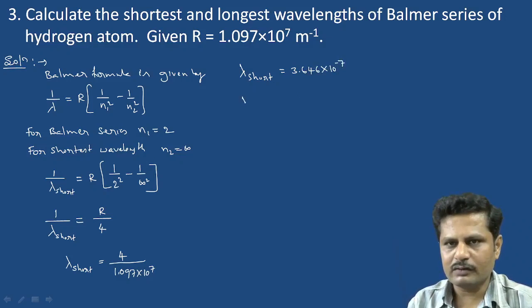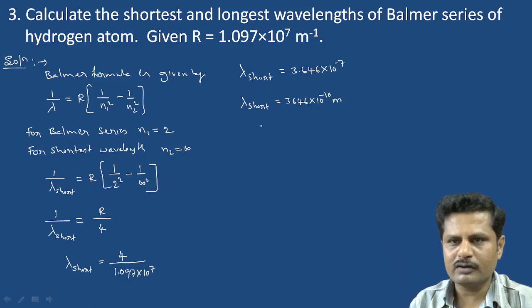This can be written as 3646 into 10 raised to minus 10 meter. So 10 to the power minus 10 meter is nothing but 1 angstrom. So the shortest wavelength of the Balmer series equals 3646 angstrom.